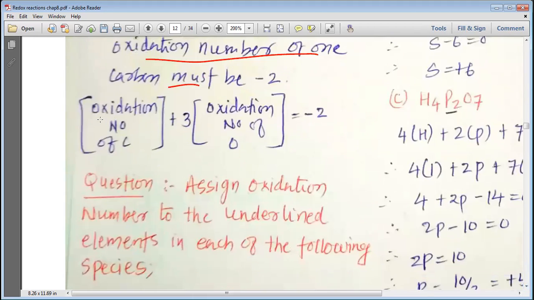So we can write that oxidation number of carbon plus 3 multiplied by the oxidation number of oxygen is equal to -2. So these are the 10 various rules on the basis of which we can ascertain the oxidation number in various compounds.